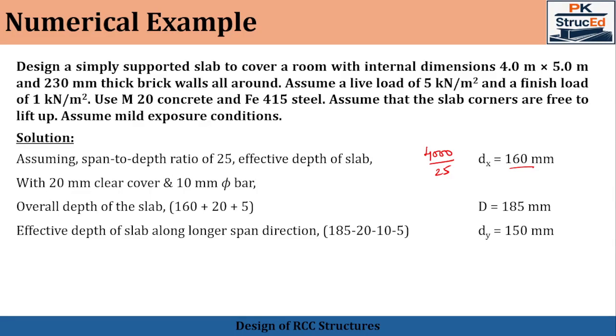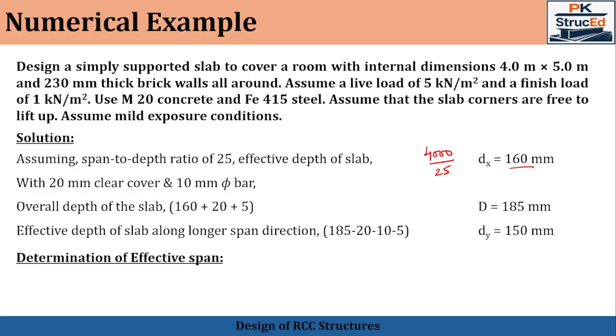Now the effective depth along the longer span direction will be dy, which will be computed as overall depth 185 minus clear cover of 20 minus 10, the bar diameter provided along the shorter span direction, minus half the bar diameter provided along the longer span direction, which comes as 150 mm. In two-way slabs, effective depths along both directions are slightly different and must be considered separately.